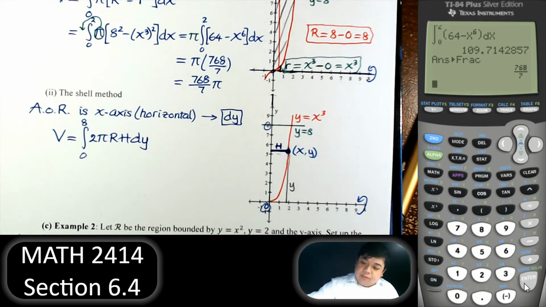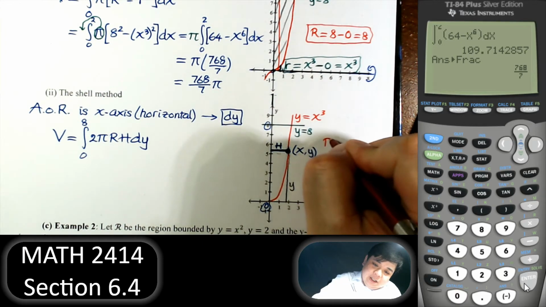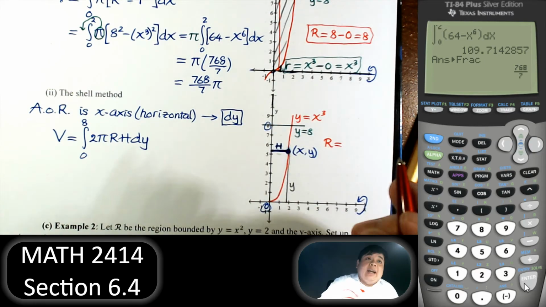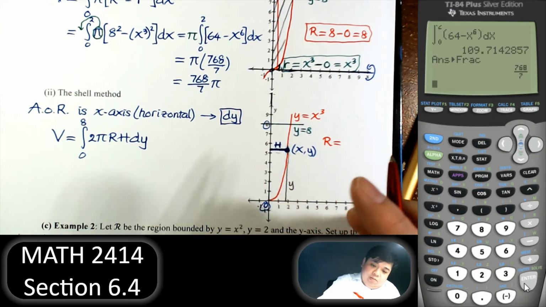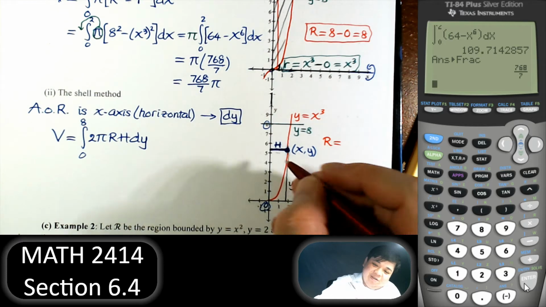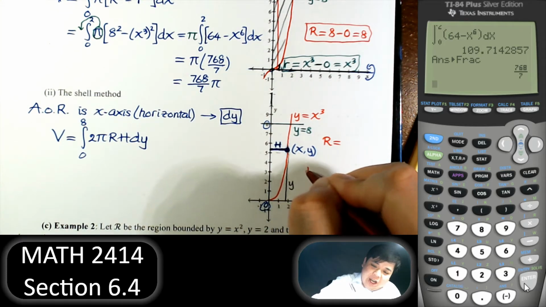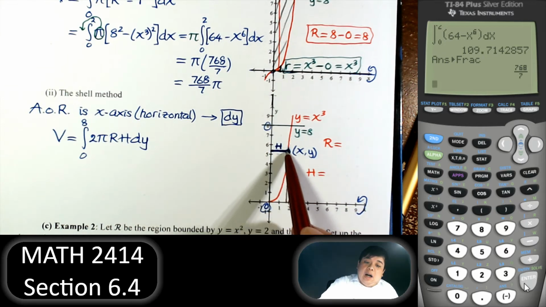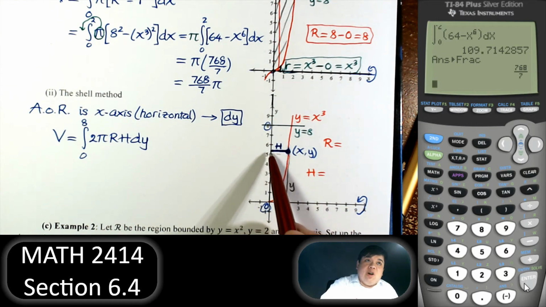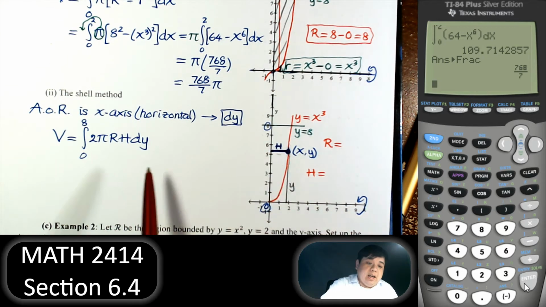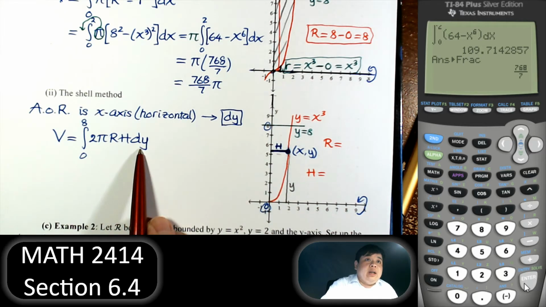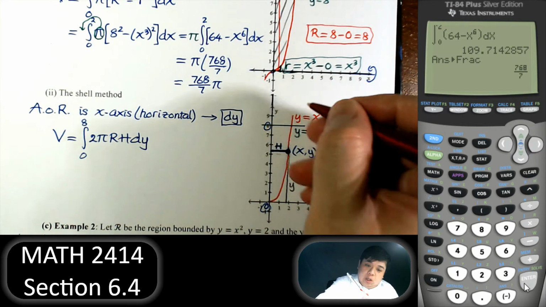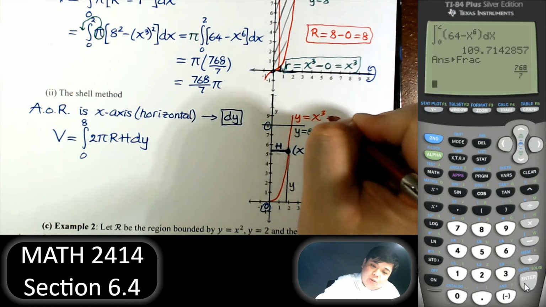Now r is determined later. Sorry, let's go by h first. H is this much. It's the function on the right minus the function on the left, but it has to be in terms of y. So equivalently, y equal to x cubed.